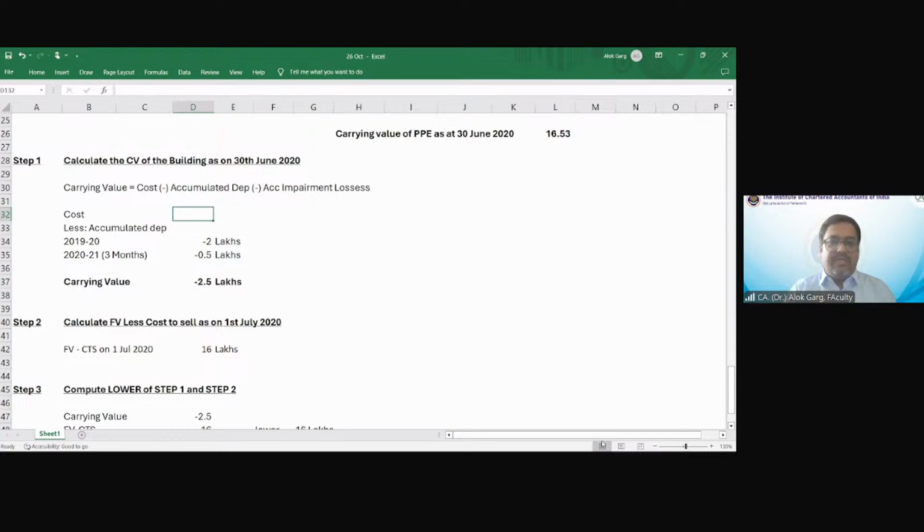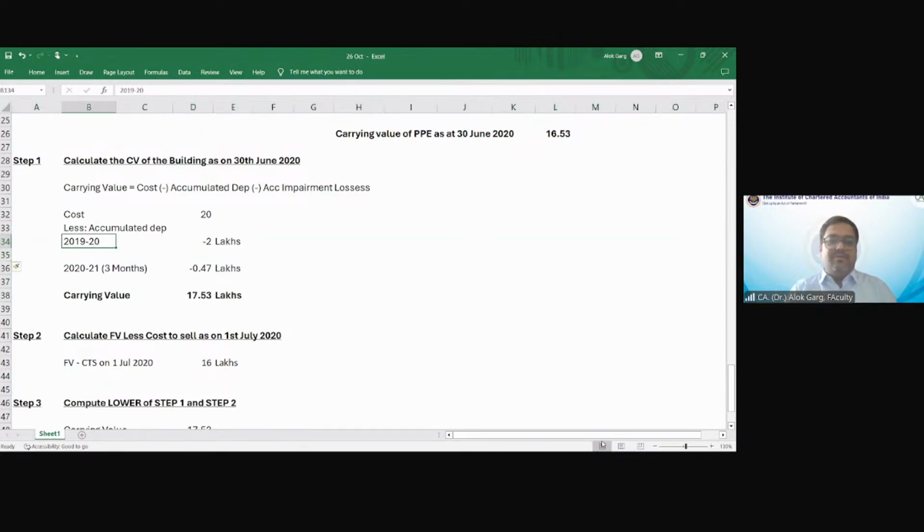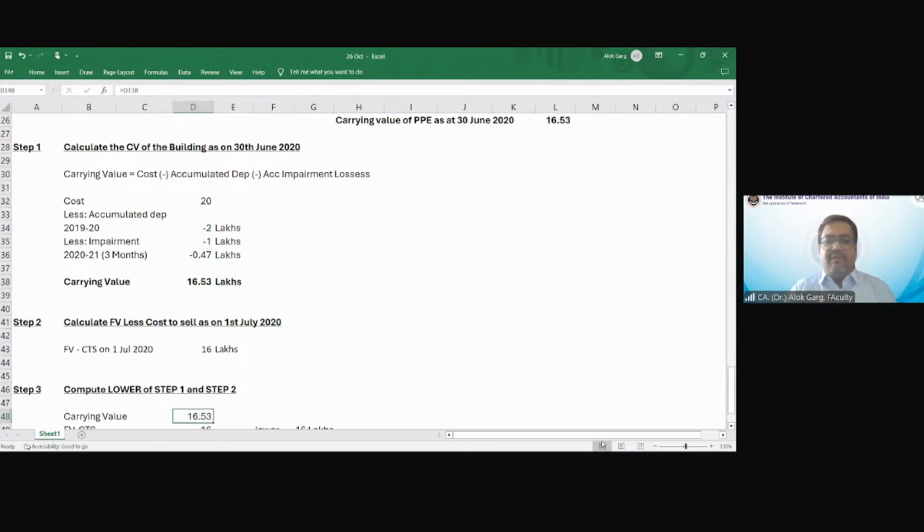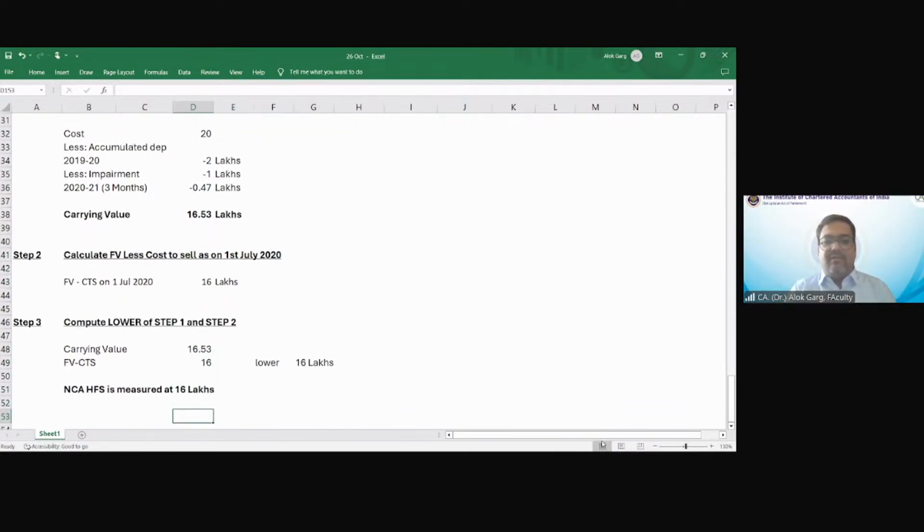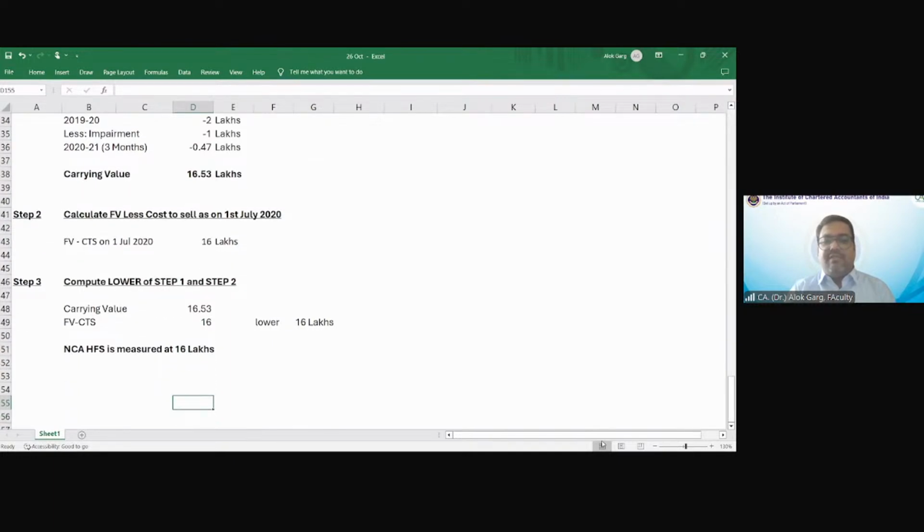Minus 2, minus 0.47, right? Minus 1 impairment loss. 16.53. What is my fair value less cost to sell? 16 lakh. What is lower? 16 lakh. So what is the next entry?